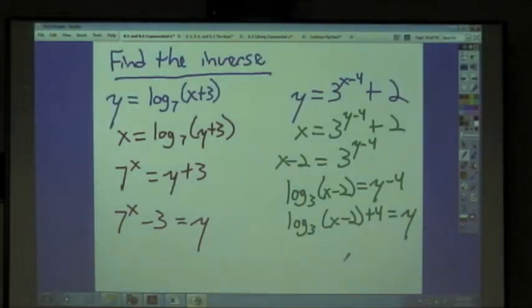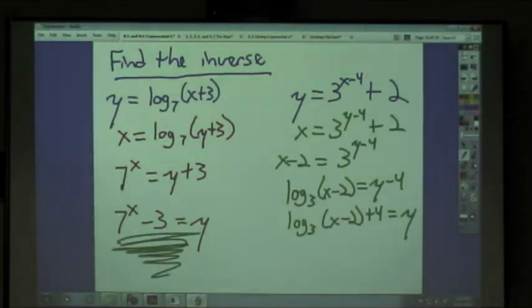Remember I talked about this when we were doing the first day of the logarithms, and I told you one of the things that I like to do, if I have to graph a logarithm, I like to find the inverse and graph this one and then just switch my x's and y's because it makes it easier, because graphing this guy right here is going to be a whole lot easier than graphing this guy. But you can also simplify it even more if you even just ignore the plus 3 right here.